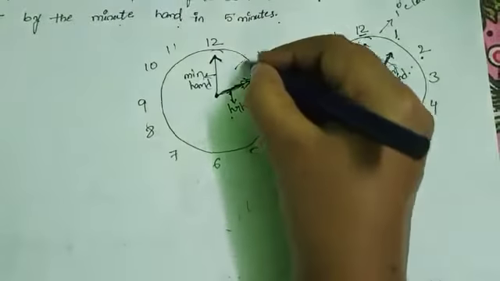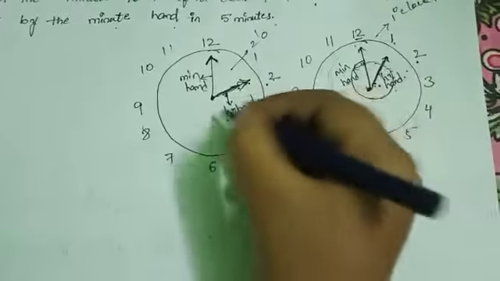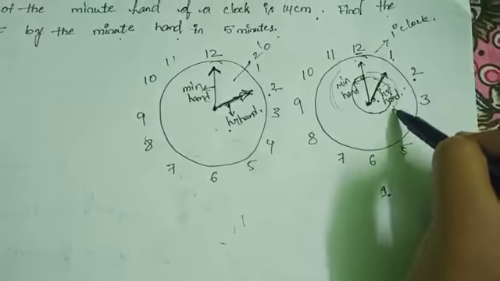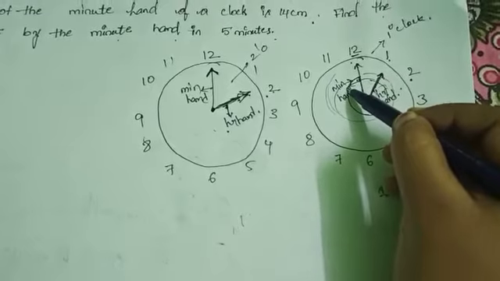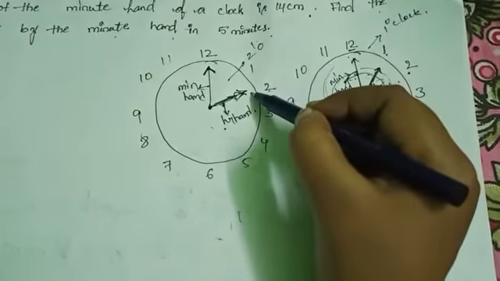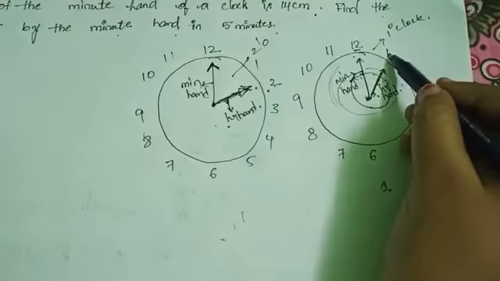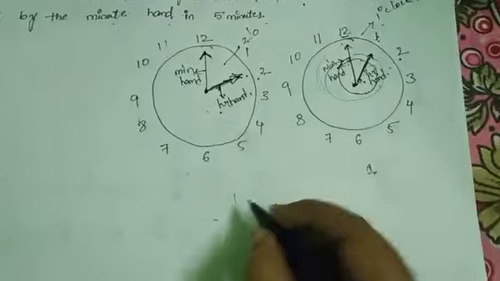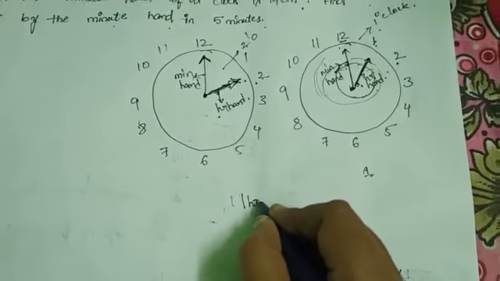What is the change here? The minute hand rotated one complete circle. First 1 o'clock, next 2 o'clock. What is the difference between 1 o'clock and 2 o'clock? 1 hour is the difference.